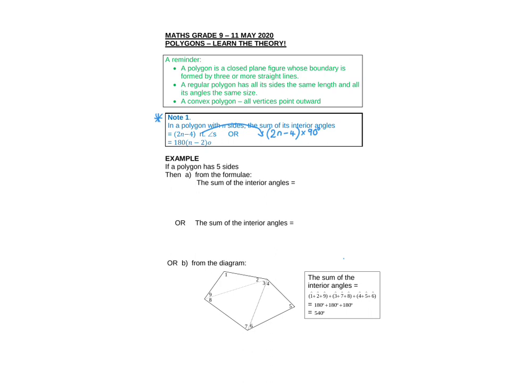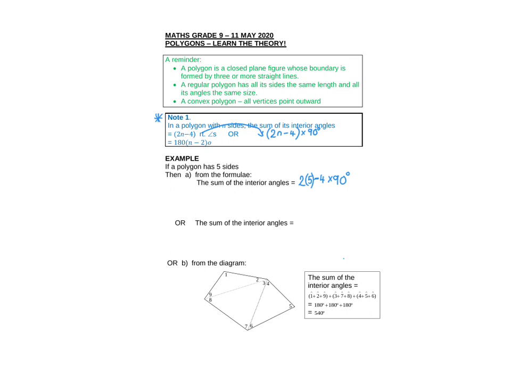Okay, so let's look at an example together. In this example, if a polygon has 5 sides, then A, from the formulae that's given to us, the sum of the interior angles will be, and then we substitute 5 in the place of n. So 2 times (5 minus 4), there needs to be brackets there. And then that would be multiplied by 90 degrees.